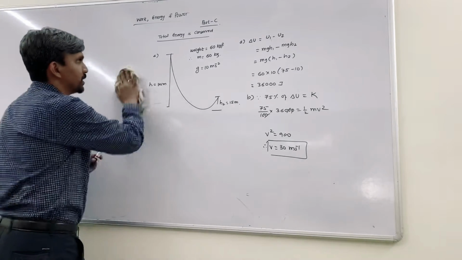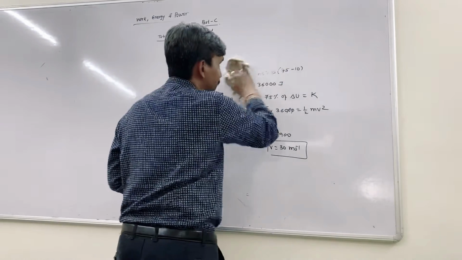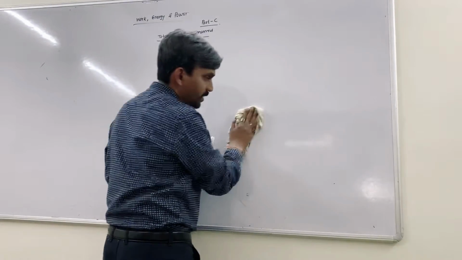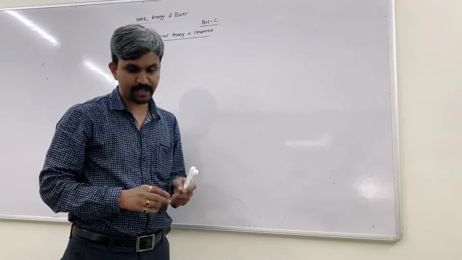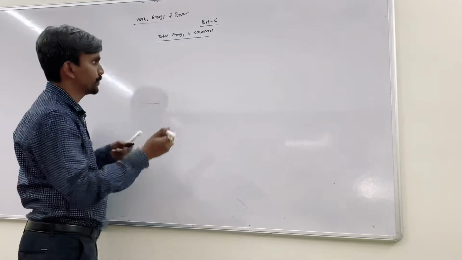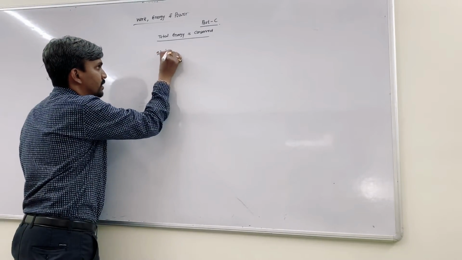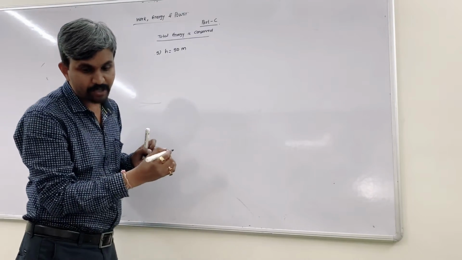Now the fifth numerical. What is given in the fifth numerical? A hydroelectric power station takes its water from a lake whose water level is at a height h, which is 50 meter, above the turbine.